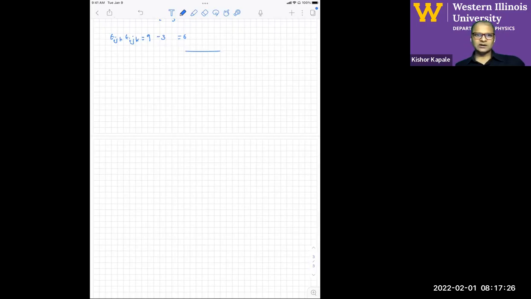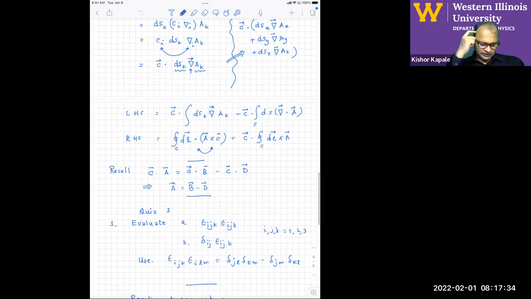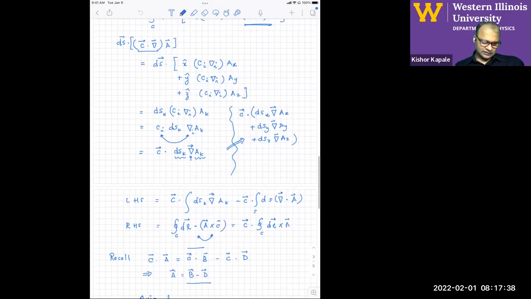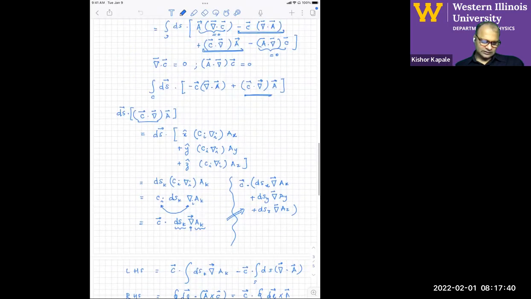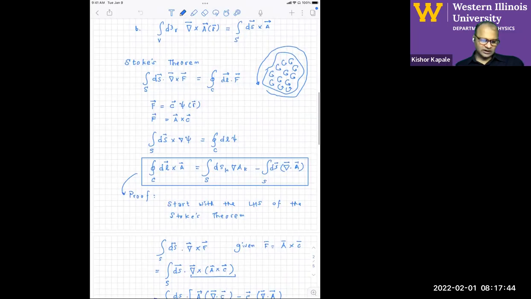Okay, then let's get started with our usual business. Let me just recollect what we were doing last time. Before the quiz, we looked at the Stokes theorem, and one special case we proved it, right?